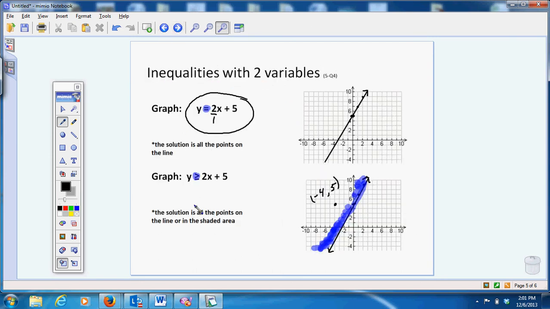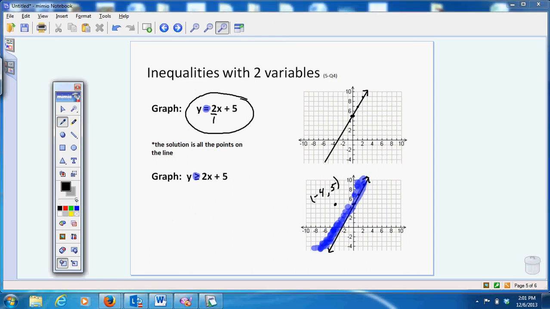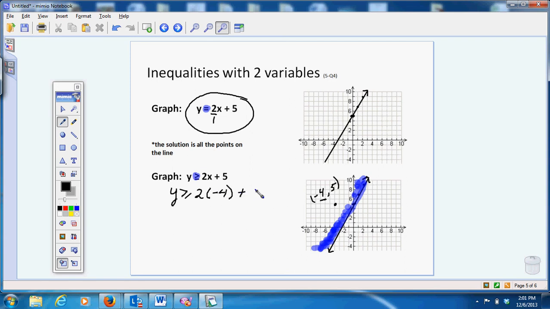Let's do that. So here, I have y is greater than or equal to 2 times x, which in this case is negative 4, plus 5.